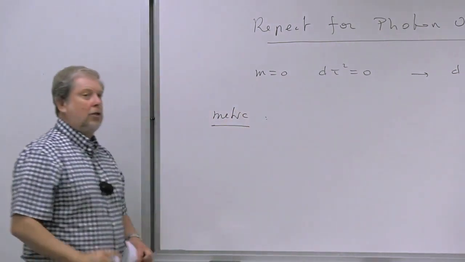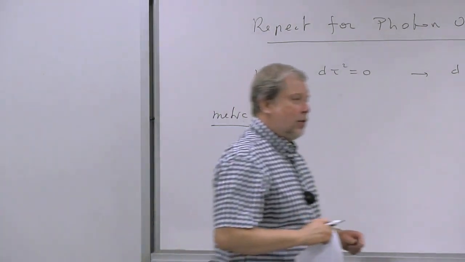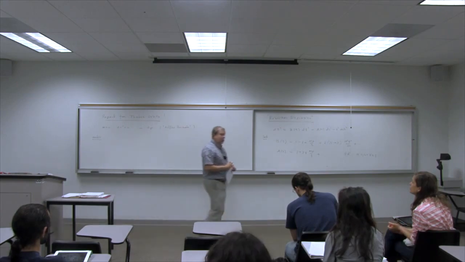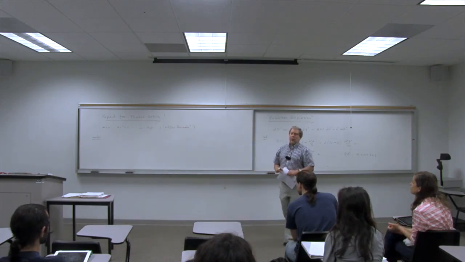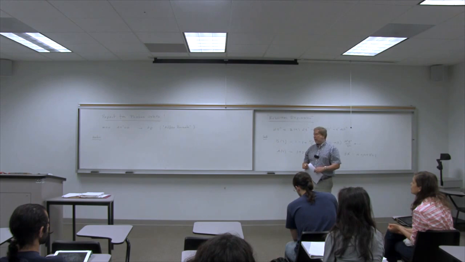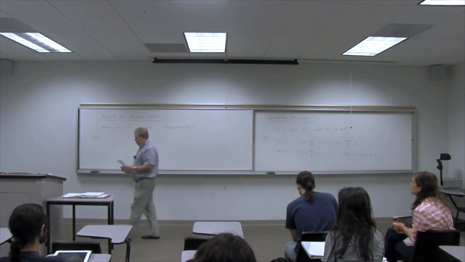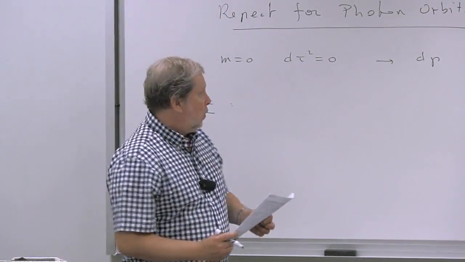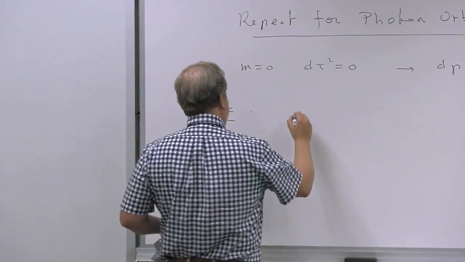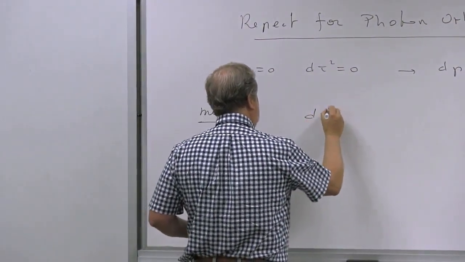Right? It turns out that there's actually a shortcut, and it's a nice exercise to use this shortcut to actually get the same kind of equations that we got before. It works both when the particle is massive and when the particle has 0 mass. So the shortcut is to look at the metric, or the d tau squared.